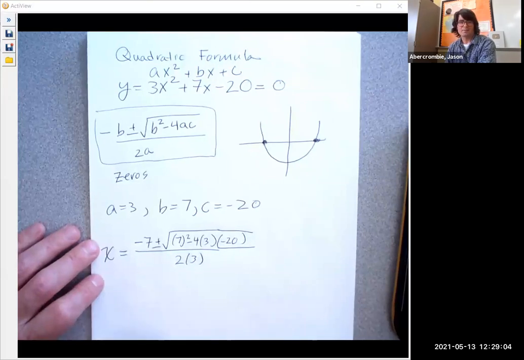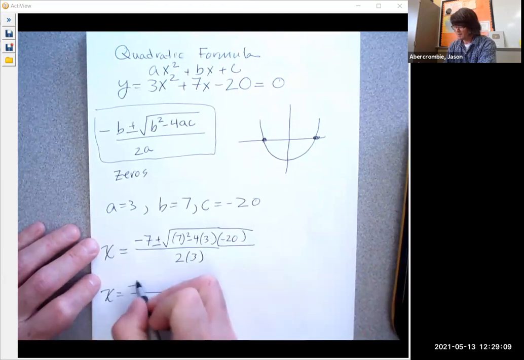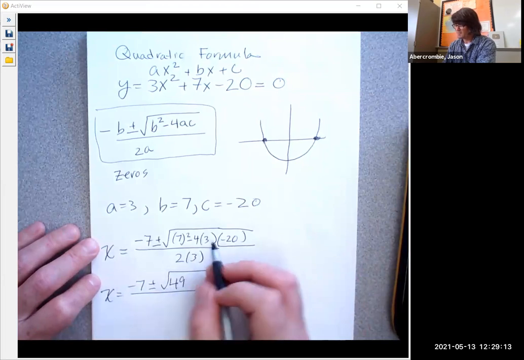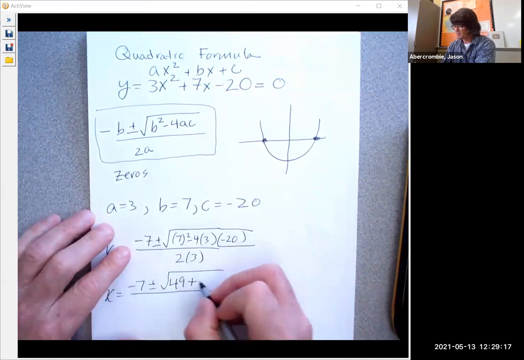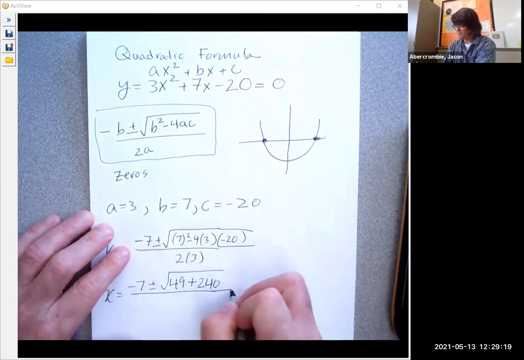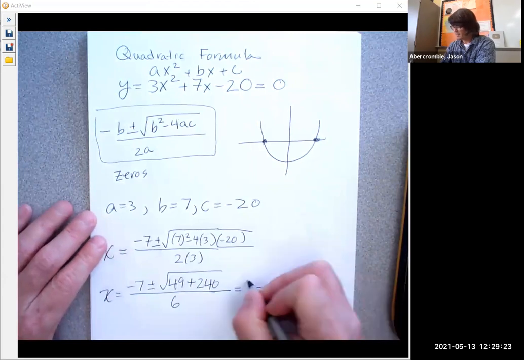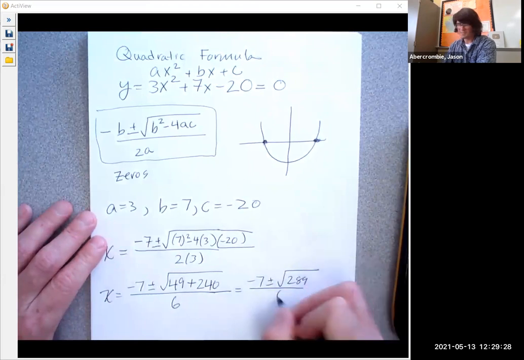And we're going to do some arithmetic, and we'll see that x is going to be negative 7 plus or minus the square root of 49 minus, and this is going to be negative 12 times negative 20, that's plus 240, over 6. And that is going to be negative 7 plus or minus the square root of 289 over 6.